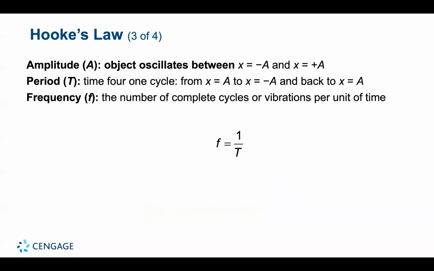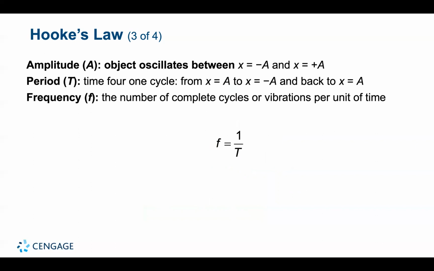So here are three basic concepts that are important when we discuss any kind of periodic motion. First is the amplitude A. It is the maximum distance of the object from the equilibrium position. In the absence of friction, an object in simple harmonic motion oscillates between the position x equals minus a and x equals plus a.